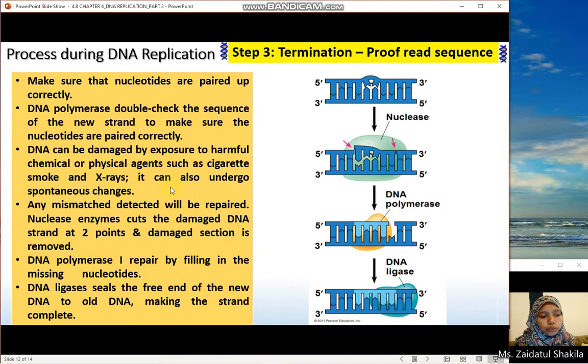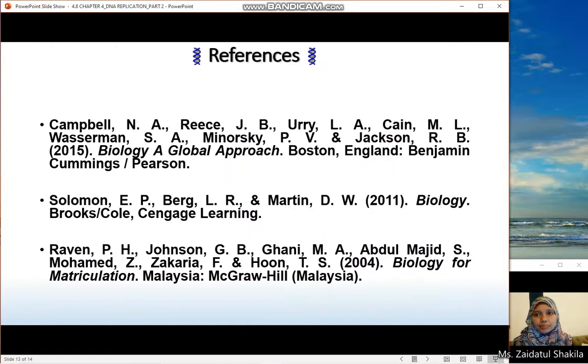It can also undergo spontaneous changes. Any mismatch detected will be repaired. The nuclease enzyme will cut the damaged DNA strand at two points, and the damaged section will be removed. Then DNA polymerase 1 will repair by filling in the missing nucleotides. Last, DNA ligase seals the free end of the new DNA to the old DNA, making the strand complete. That's all for the DNA replication process.